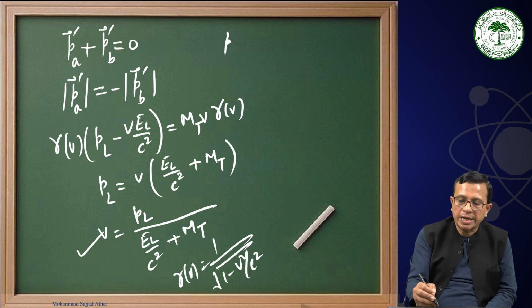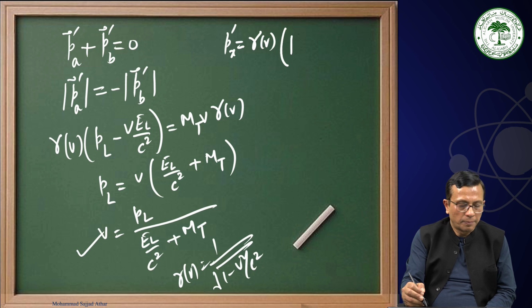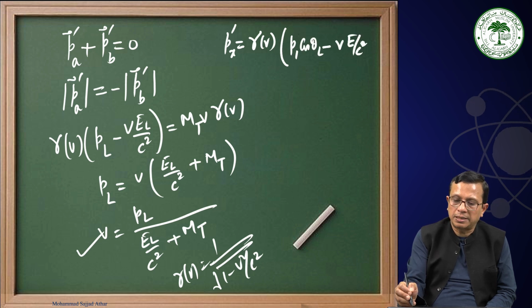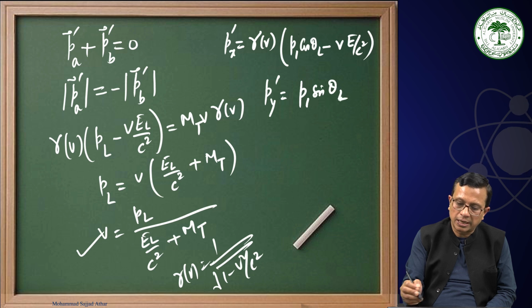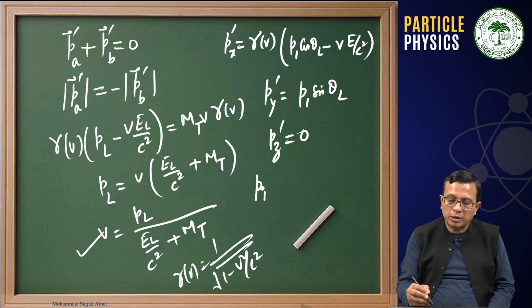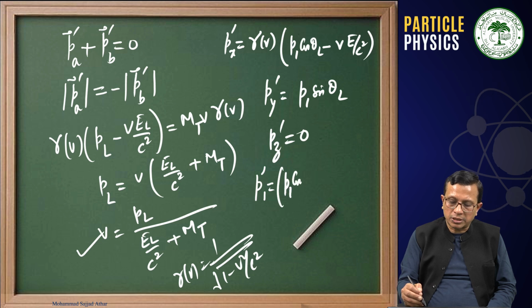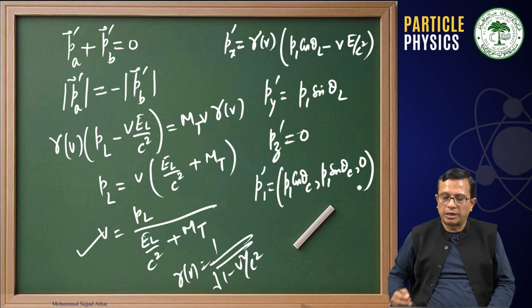Therefore, Px prime, if you recall, will be gamma V (P1 cos theta L minus V E1 by C square). Py prime will be equal to P1 sin theta L, and Pz prime will be equal to 0. And from here, what is P1 prime? In the two-dimensional plane, this will be P1 cos theta C, P1 sin theta C, and the third component will be 0.